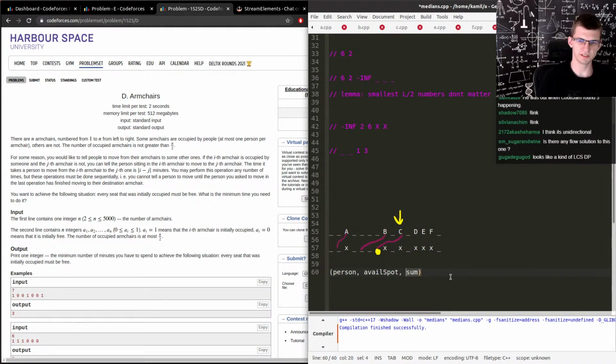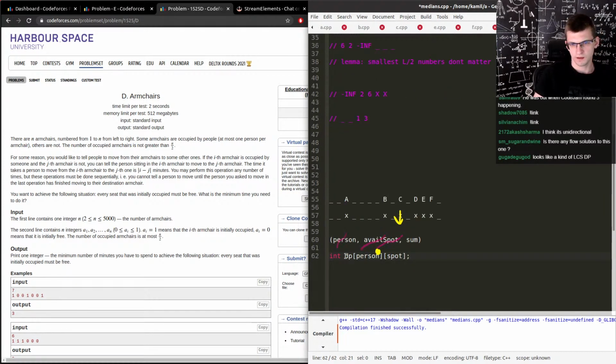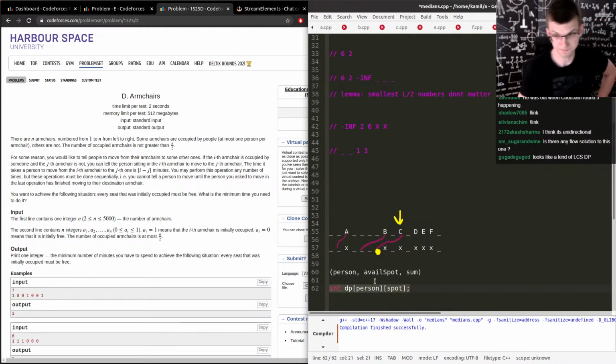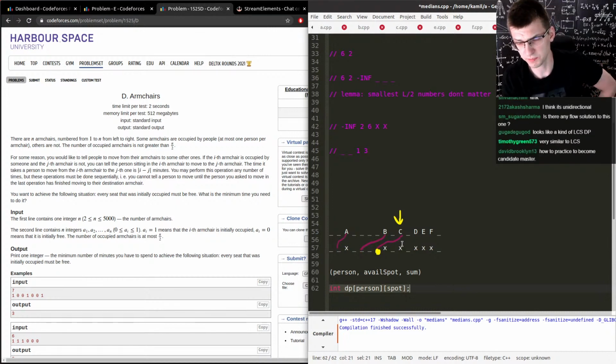The sum of distances can be big, but we will just make it the value of DP. Like that. That's a quadratic number of states of DP, so it's promising. Then for the next person we need to decide where he should be, which done naively will be n cubic. That's too slow.